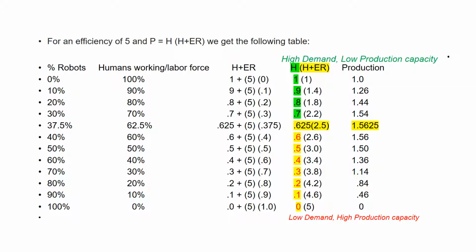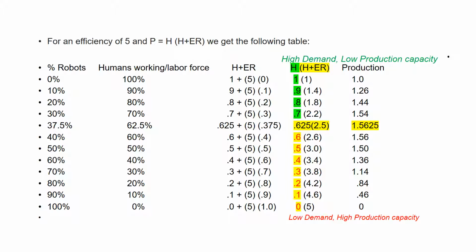The production capacity paired with these numbers is relatively low at 1, 1.4, 1.8, and 2.2 because most of the work is being done by humans rather than more efficient machines. This high demand, low production capacity section is a seller's market because we have too many dollars chasing too few goods.